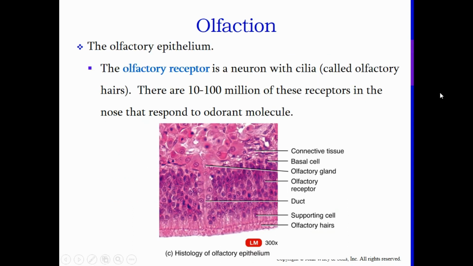So the olfactory epithelium: the olfactory receptor is a neuron with cilia, or tiny hairs, called the olfactory hairs. There are anywhere from 10 to 100 million of these receptors in the nose that respond to an odorant molecule. So there is a chemical floating in the air.